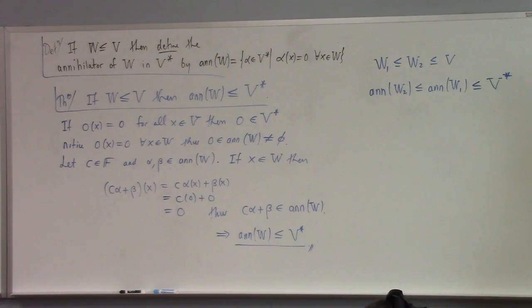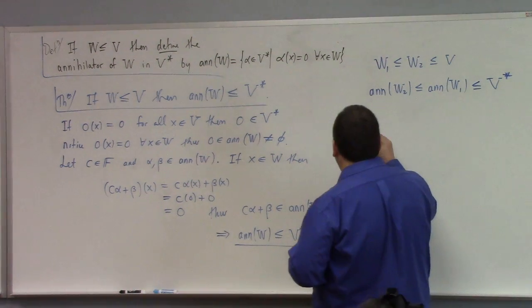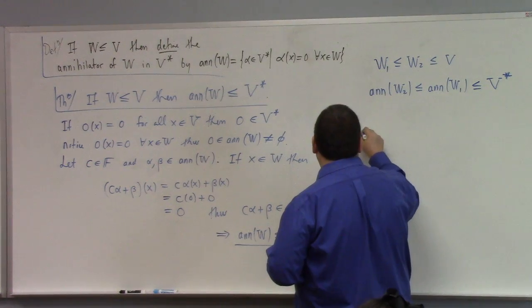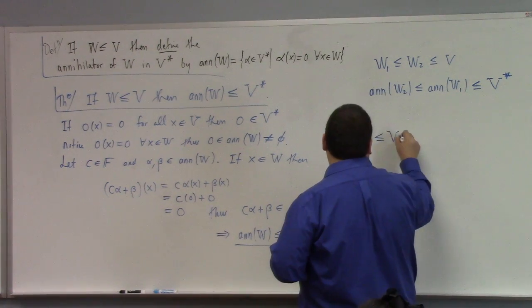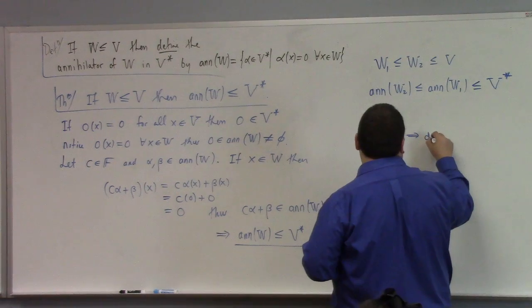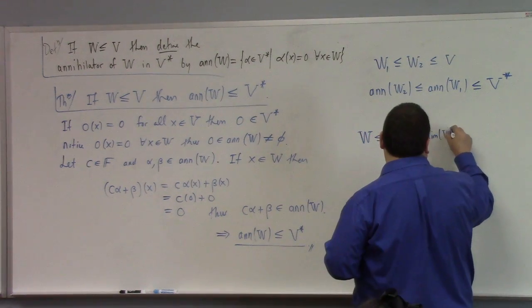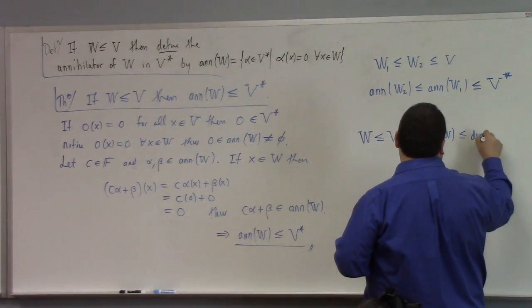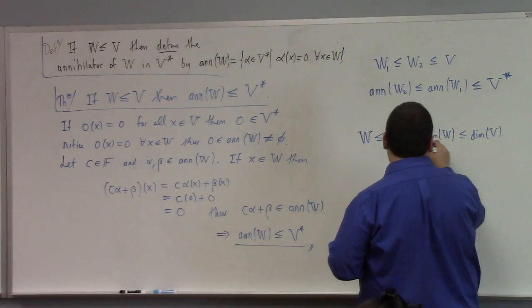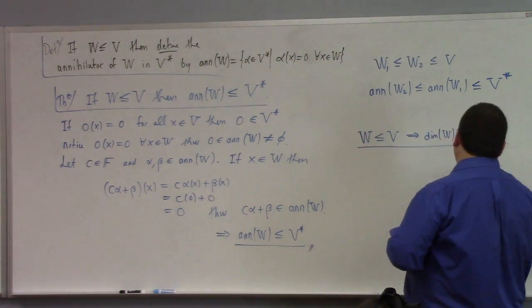Another thought I had, something I haven't said but I should say, is it's easy to prove, and you need to use this in your homework in various places. If W is a subspace of V, that implies that the dimension of W is less than or equal to the dimension of V. I don't know if I ever wrote this in class, but I definitely should have because it's kind of important.